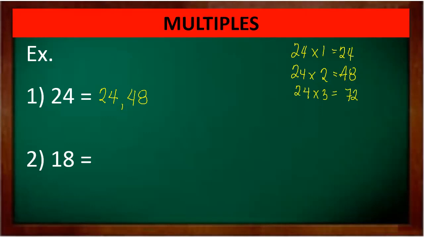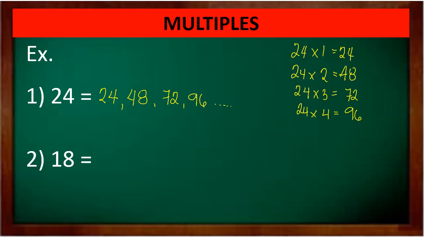So 72 is also a multiple of 24 because when you divide 72 by 24, that will give you an answer of 3. Next is 24 times 4, is 96. So 96 is also a multiple of 24 because when you divide 96 by 24, that will give you an answer of 4. So on and so forth.